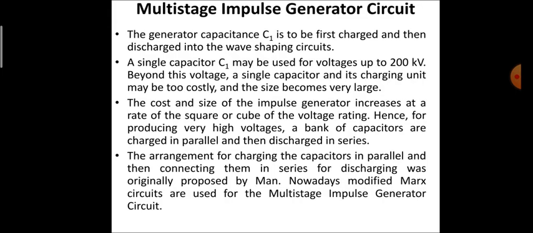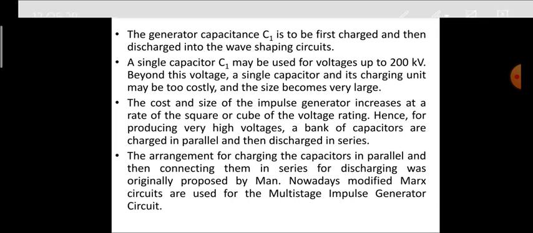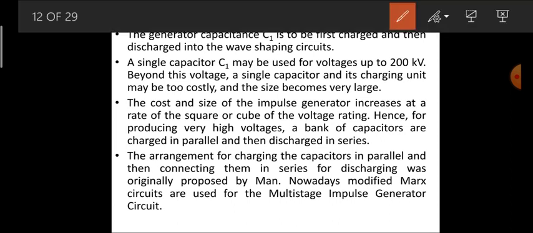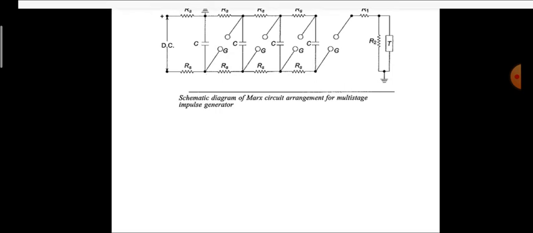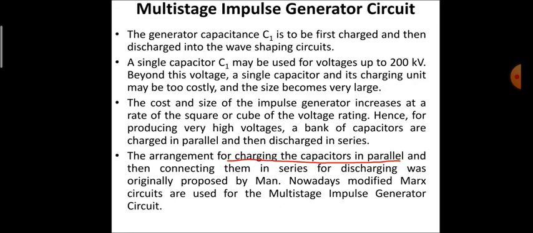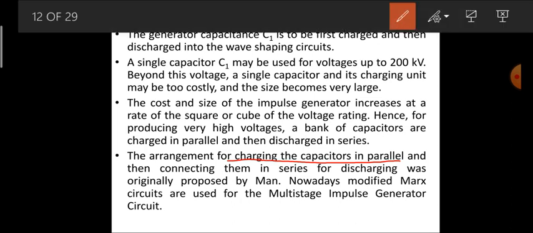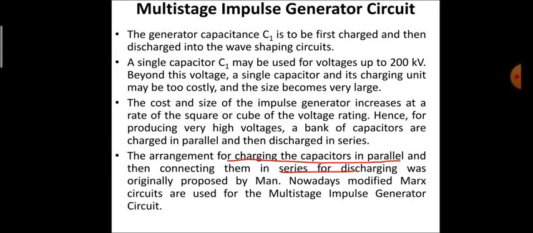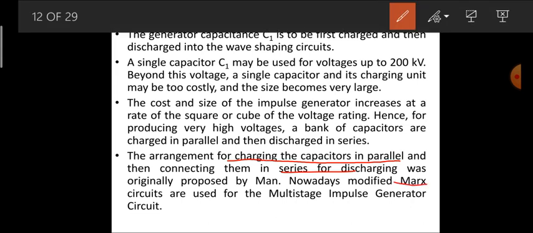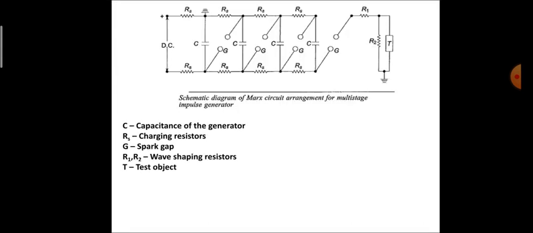Things to remember in the Marx circuit: the arrangement of the capacitors is done such that the charging of capacitors is done in parallel, and once the spark gap G is triggered by external means, all the capacitors which were charged in parallel now discharge in series. This circuit was proposed by Marx, hence the name, the Marx circuit.